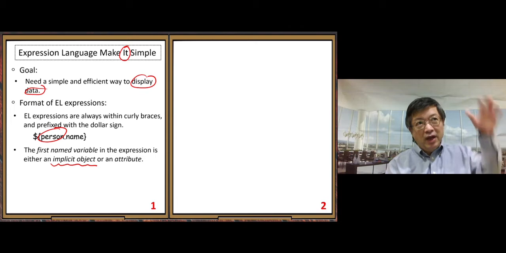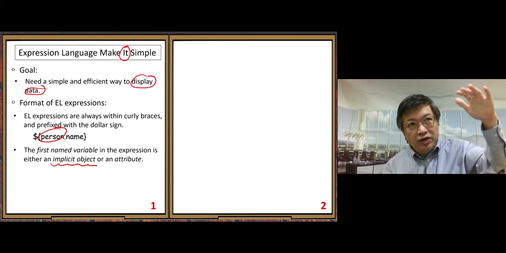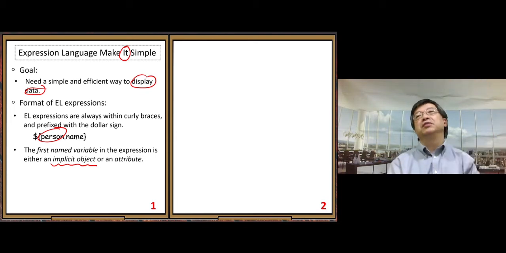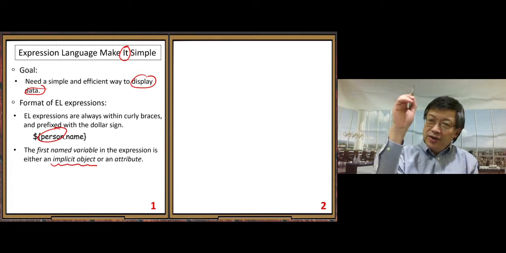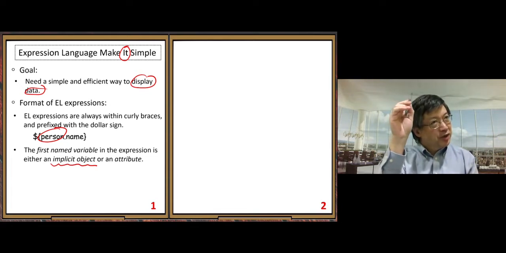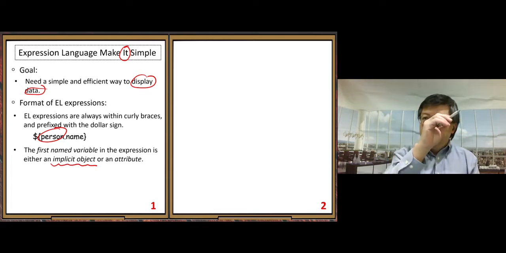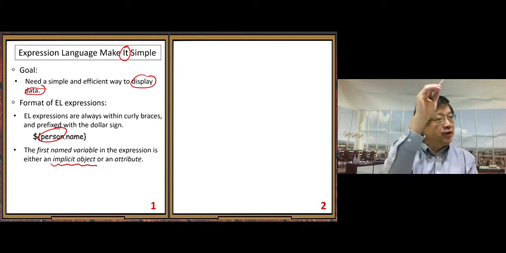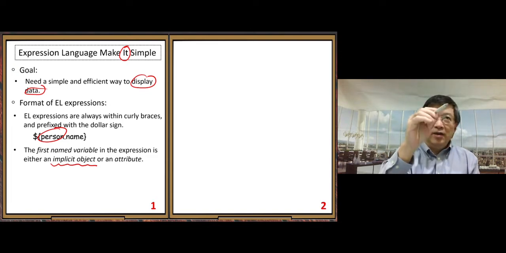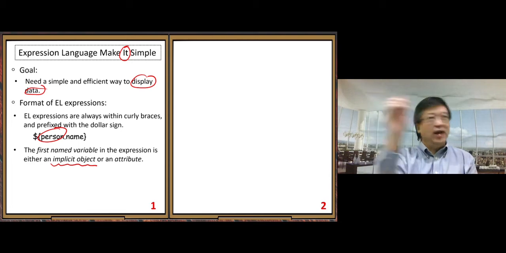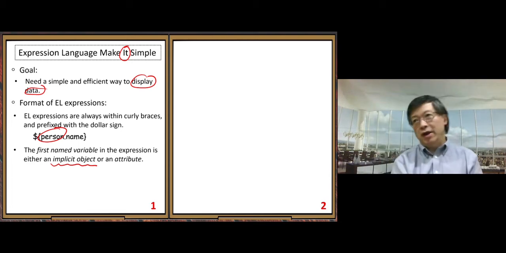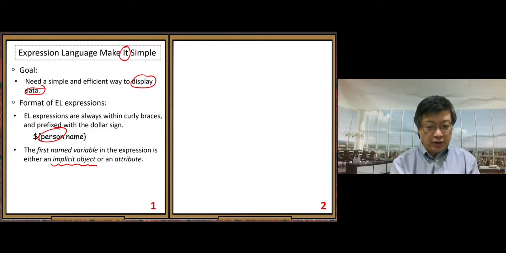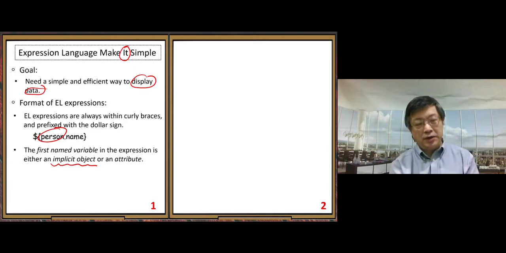There are 9 different JSP implicit objects: request, response, session, out, page context, and so on. So that's the first case.